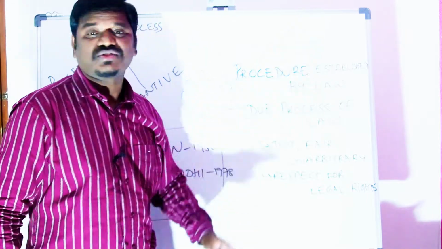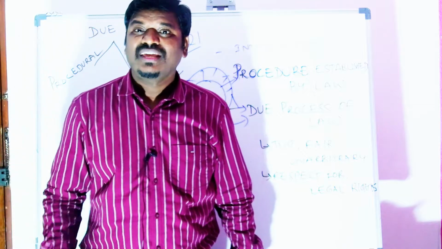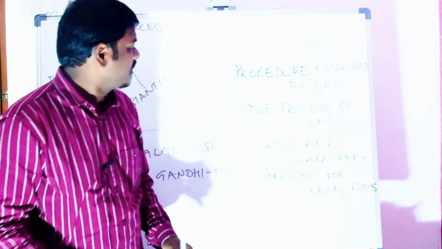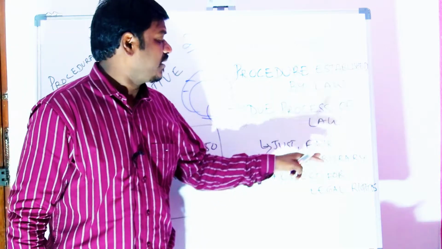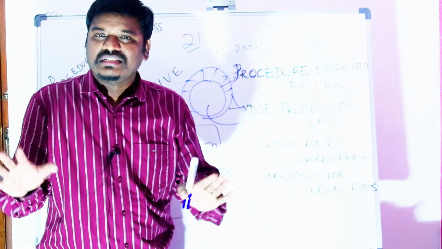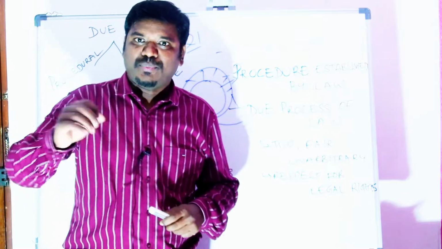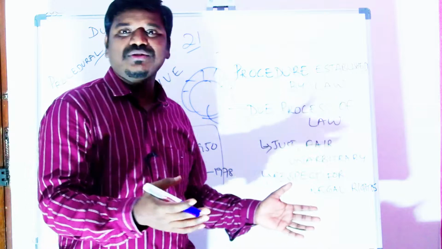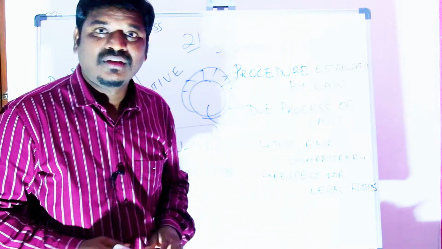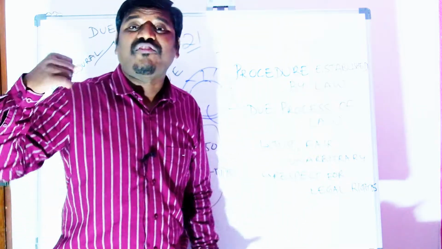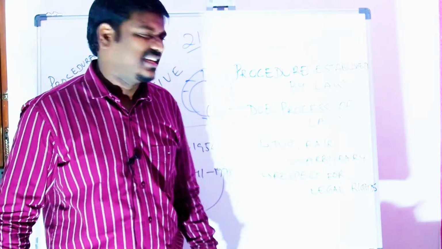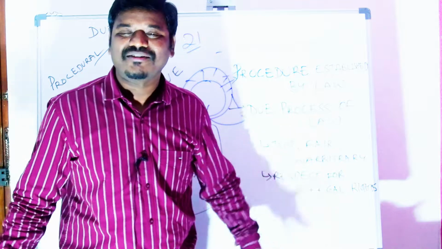Along with the procedure established by law, it also checks whether it is just and fair. For example, if the punishment for not paying 800 rupees of electricity bill is a fine of 10,000 or 20,000 rupees, it is really not just and fair.